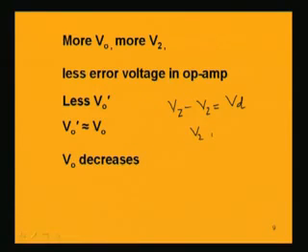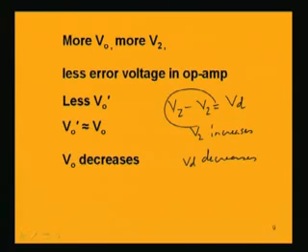When V2 increases, the differential input Vd decreases, because the negative component is increasing, which means the whole quantity Vz minus V2 will be decreasing. If the differential input is decreasing, that means the output from the op-amp will be decreasing.